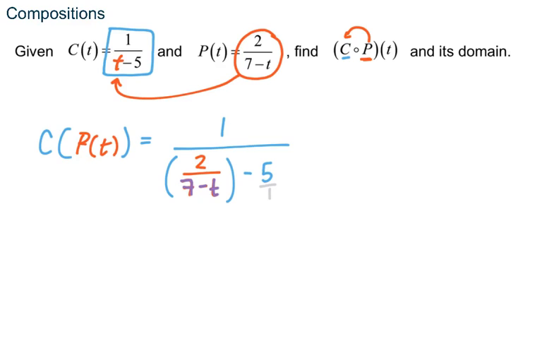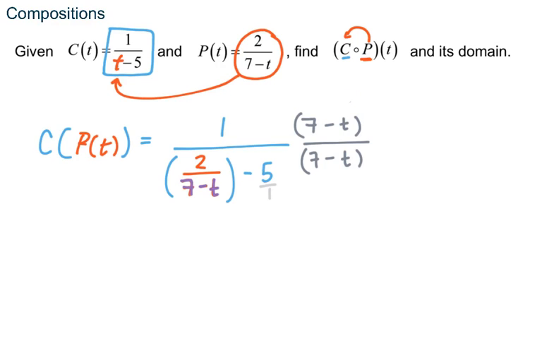So what I'm going to do is I'm going to take the numerator and I'm going to multiply that by 7 minus T. Now we're not allowed to just multiply by any number. So if I put that over itself and say 7 minus T over 7 minus T, I'm multiplying by a fraction that's equal to 1. And that's perfectly legal.